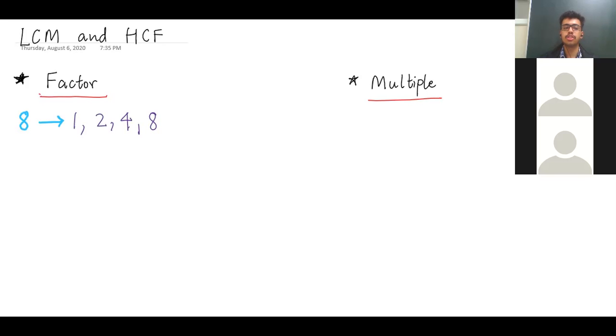Which means any number which divides 8 properly, right? So a factor is any number which divides that number equally.